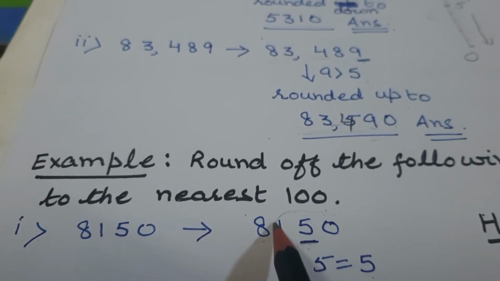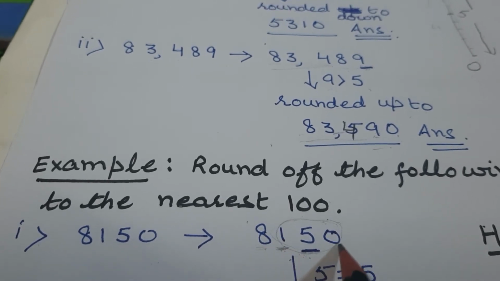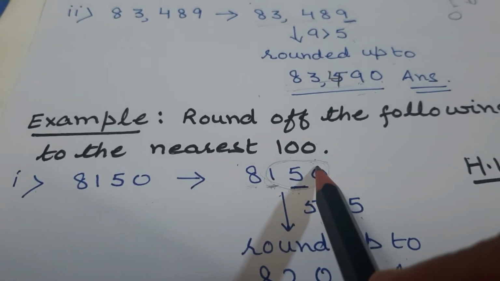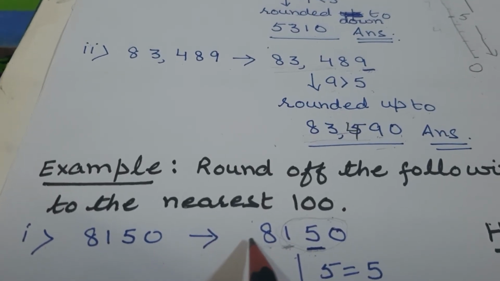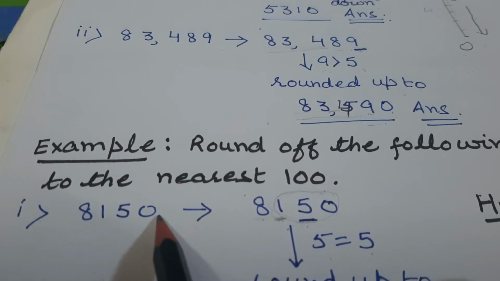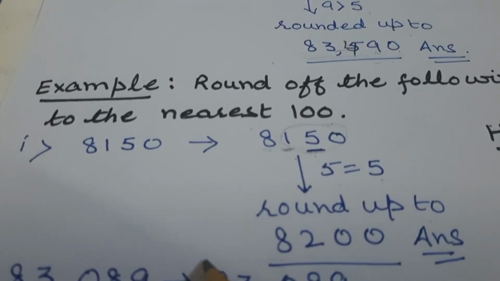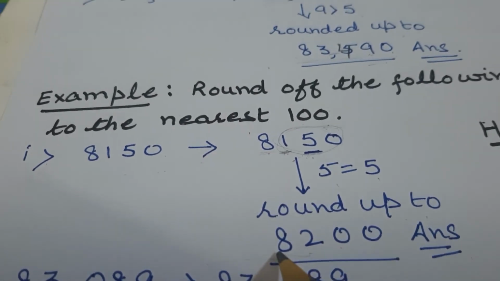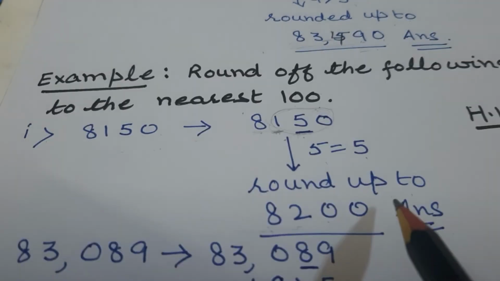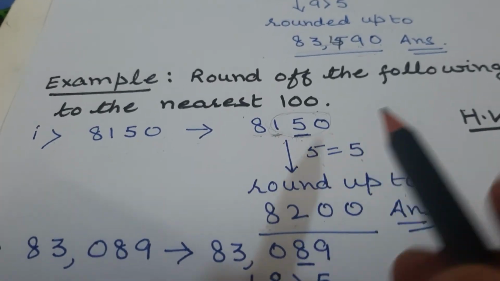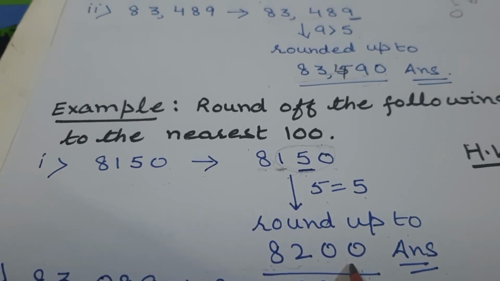Only these 3 digits will be affected, because it is 100. If after that, if 1 digit is written or 2 or 3 or 4, doesn't matter. That digits will be written as it is. So this one will become 2 because it is rounded up, and in last it is 0, 0. Now this is rounded off nearest to 100.